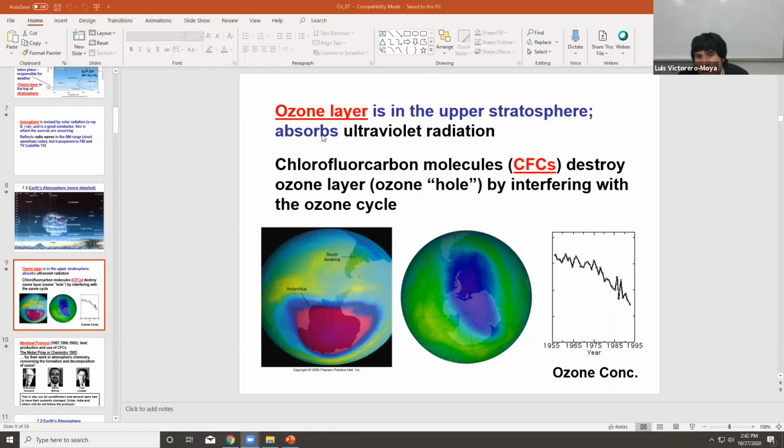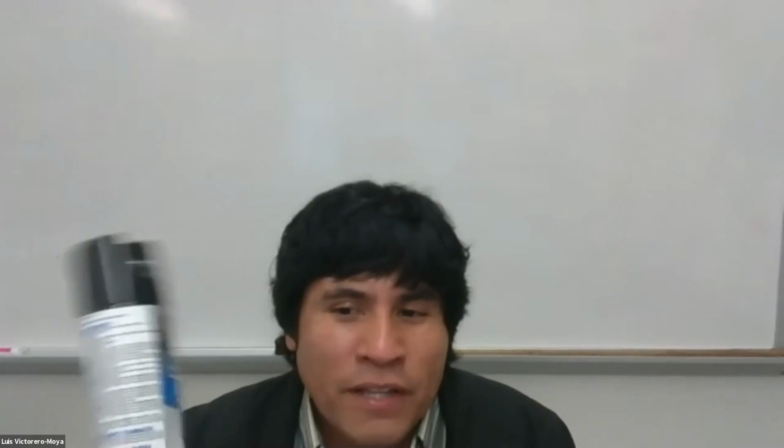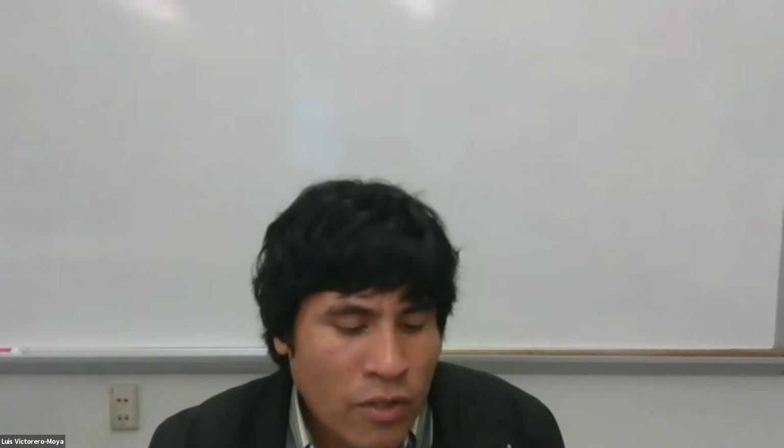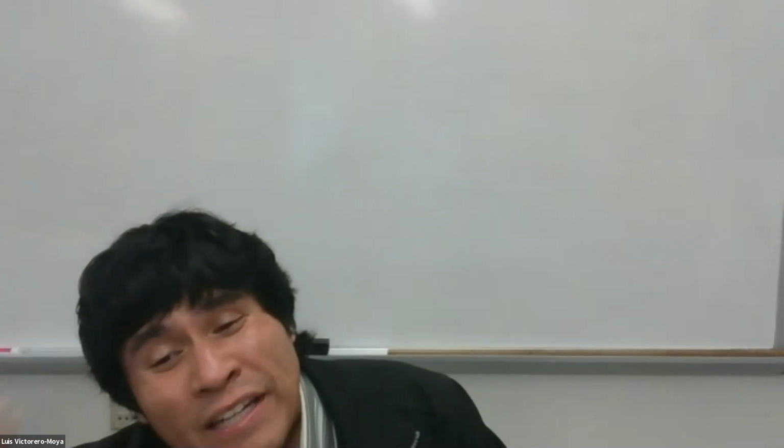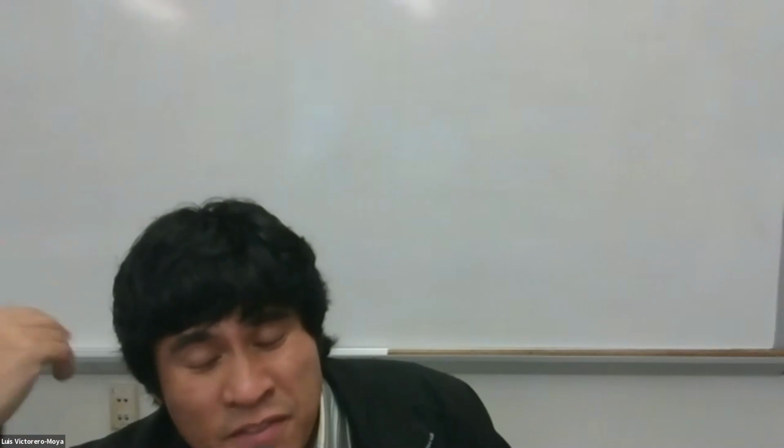This hole was being produced by the CFCs, the chlorofluorocarbon molecules that were being sprayed from, well, sprays, like this one here. Well, not anymore, because they realized that they were harmful, but sprays like this, right? When you sprayed it, back in the day, it would release CFCs.